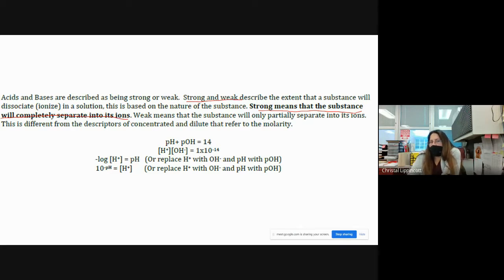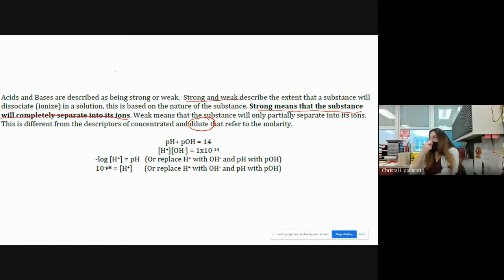Now, there is a difference between a strong acid and a concentrated acid, or a weak acid and a dilute acid. Okay. Strong acids, if they are dilute enough, don't cause any harm. Okay. Weak acids, if they are concentrated enough, can cause a great deal of harm.